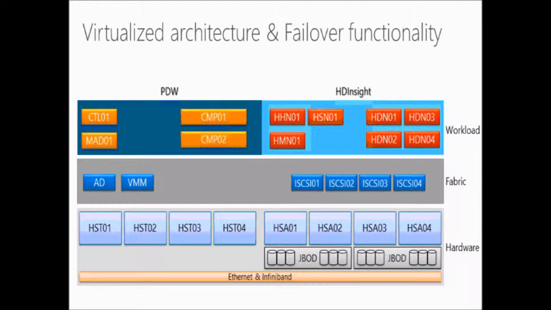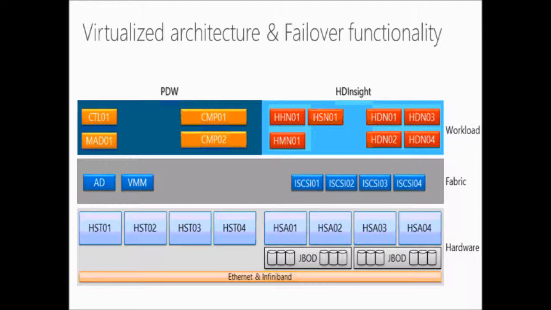From now on, all the computers, all the servers that I show, including this Active Directory, are virtual machines. All the physical hardware stays in the hardware level. And since we are using virtual machines in order to run our workloads, we have a VMM, a virtual machine manager, in order to provision virtual machines and other things related to Hyper-V.